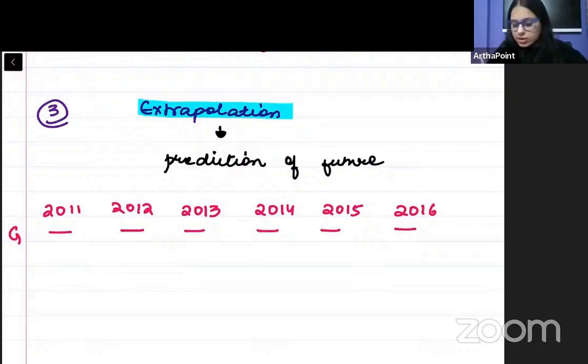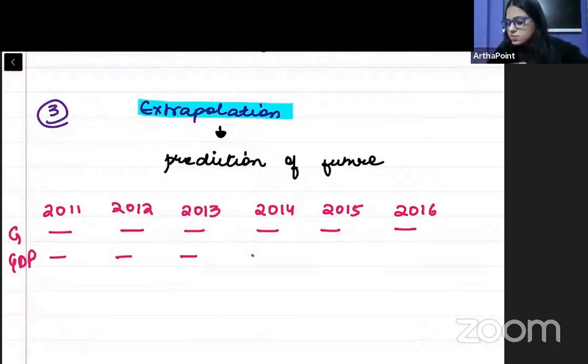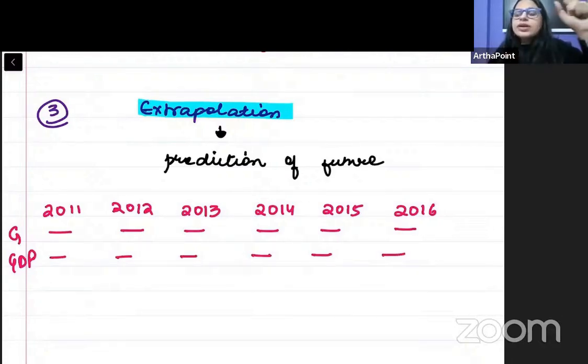I have told you, look, this is the GDP. So when government was spending this much amount, GDP was this much; when government was spending this much, GDP was this much, and so on and so forth. So for each year, I have given you the government expenditure and I have given you the GDP of the country.